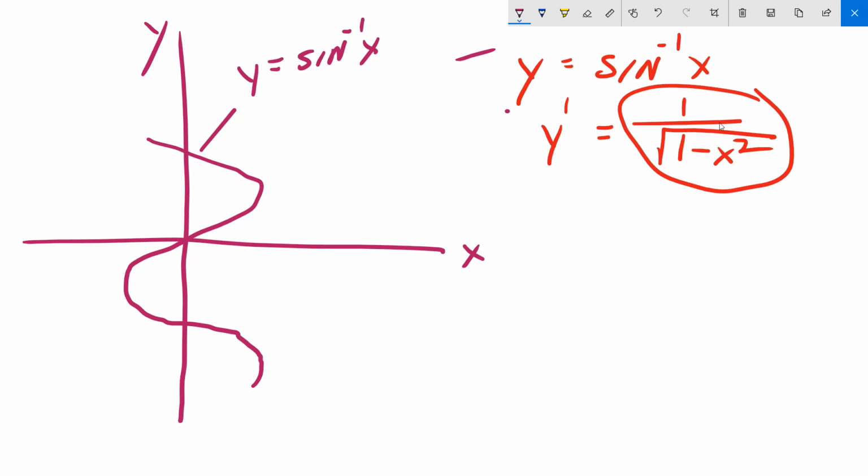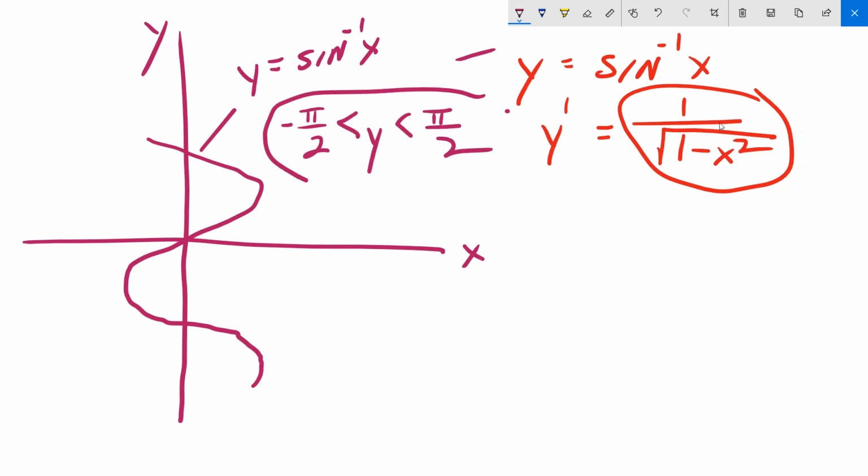So if I'm restricting the domain here, then y has to be greater than or equal to minus pi over 2 and less than or equal to pi over 2. In other words, that restriction restricts us from there to there.